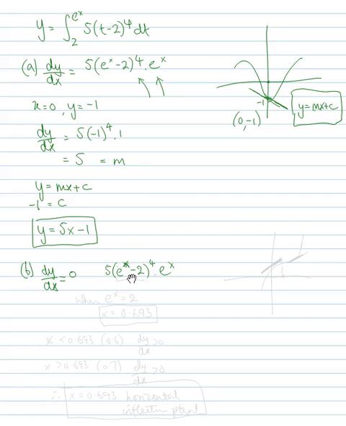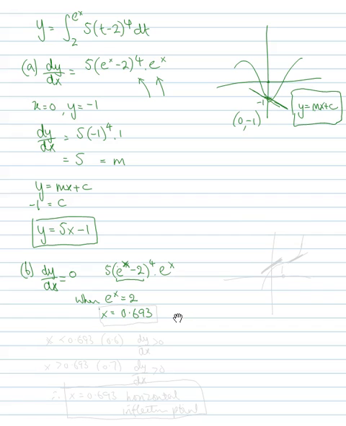So the only way this is 0 is if the thing in the brackets is 0, so when e^x equals 2. Then you can calculate that, and you end up with x approximately equal to 0.693 from a calculator. So that's the x-coordinate of the stationary point.